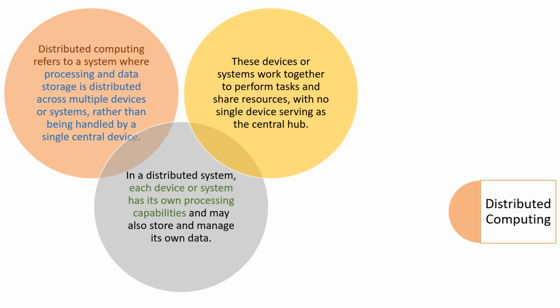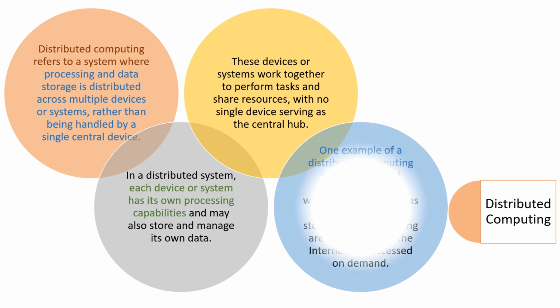In this system, each device or system has its own processing capabilities and may also store and manage its own data. And these devices or systems work together to perform tasks and share resources with no single device serving as a central hub. And so this is the main aspect of this distributed system.